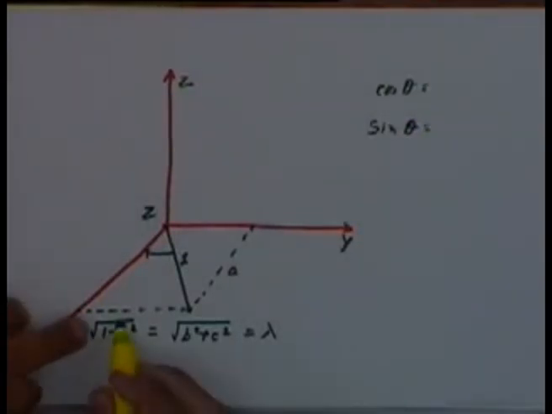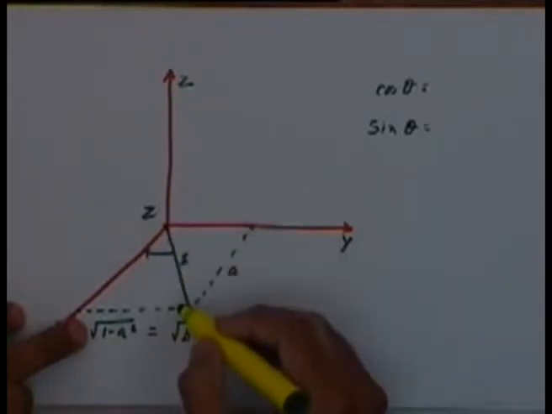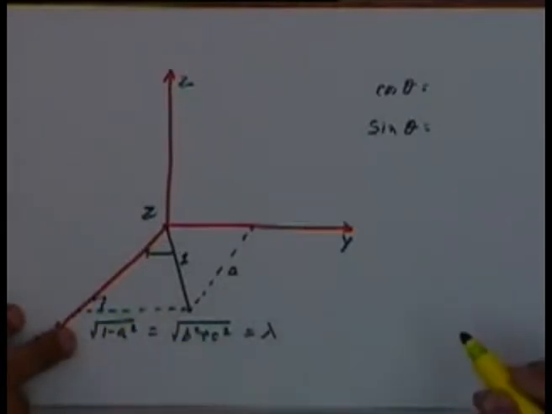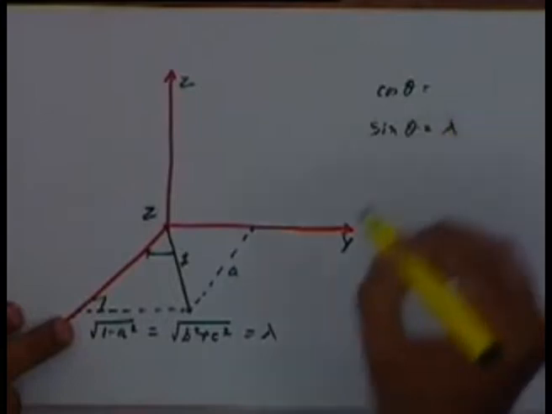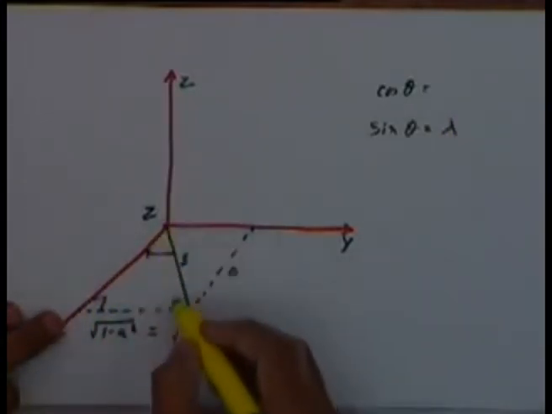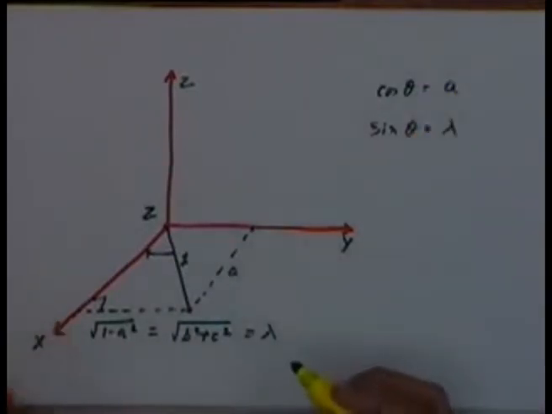The sine of that angle is lambda divided by 1, because this 1 is the diagonal and this angle is 90 degrees. So sine of this angle will be lambda divided by 1 and the cos of this angle will be a divided by 1. Cos theta will be equal to a.